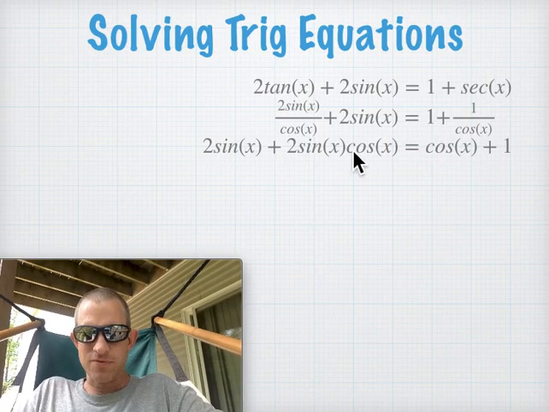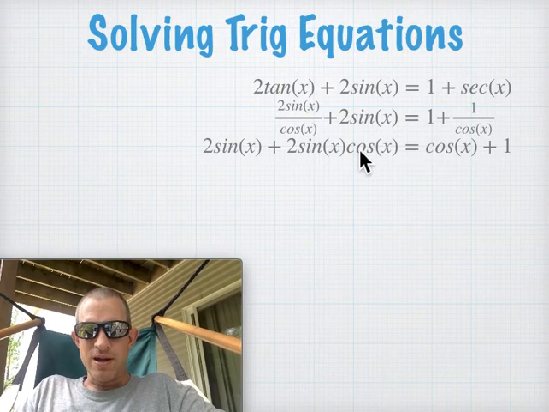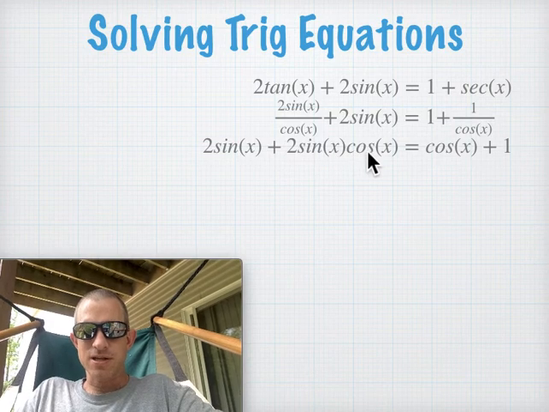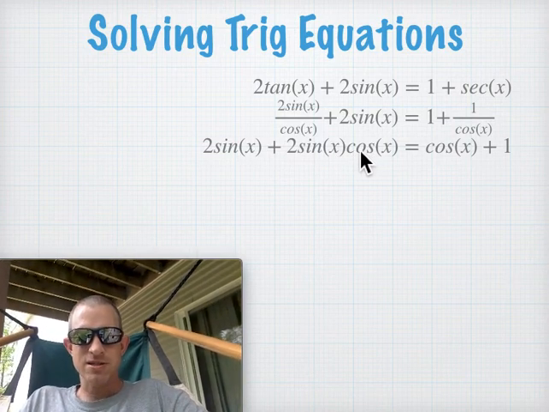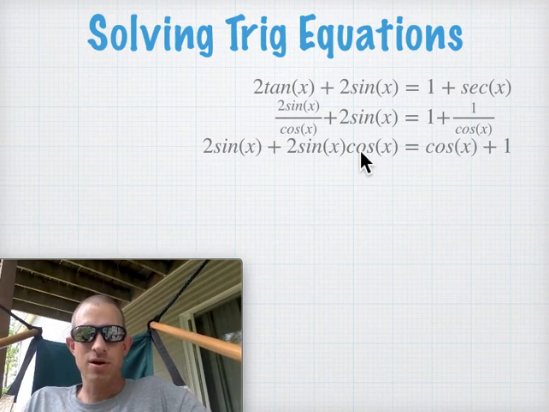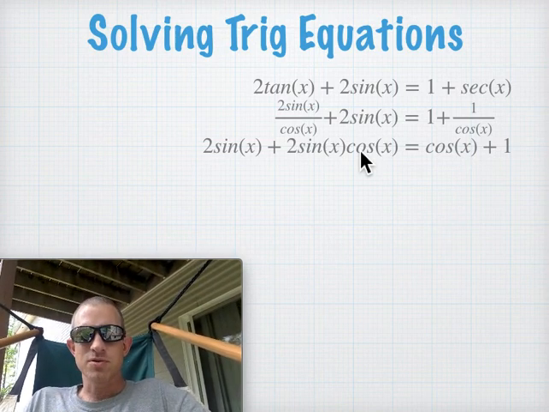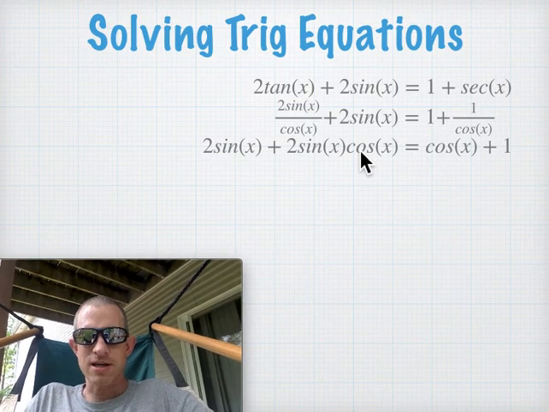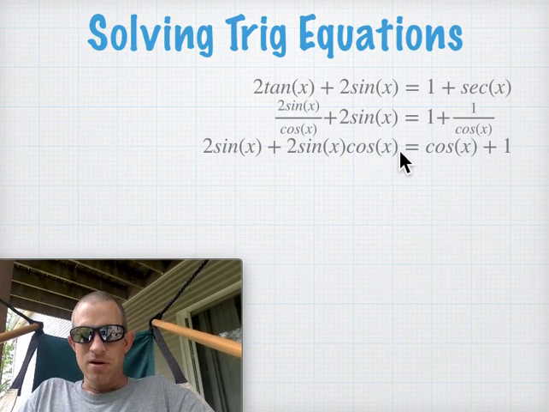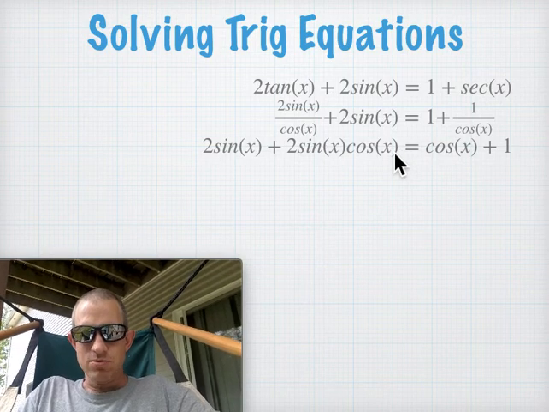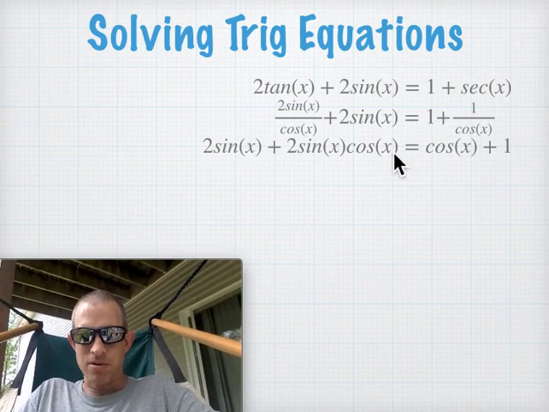So I've got stuff all over the place, and there's no great way to turn the sines into cosines or the cosines into sines. It works kind of well if you've got sine squared or cosine squared, because you can do the sine squared plus cosine squared equals 1 Pythagorean identity idea, but that's not going to help us here. What I see in this one is actually kind of unique to this problem.